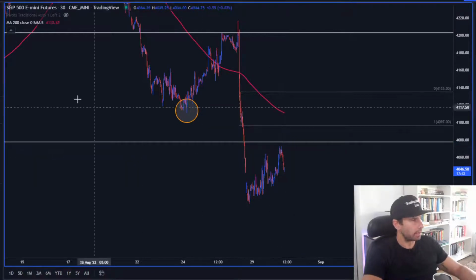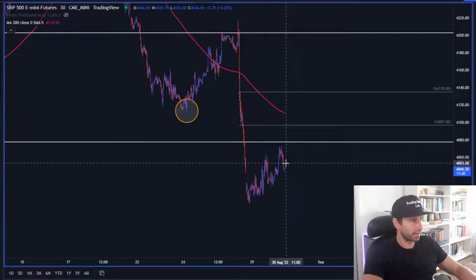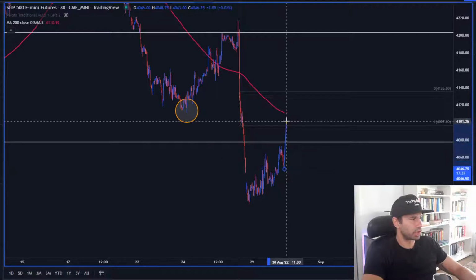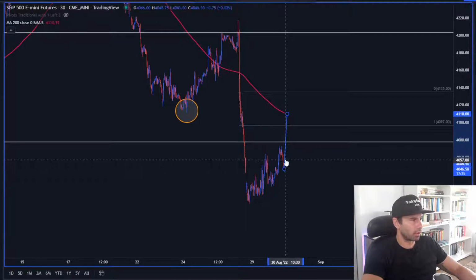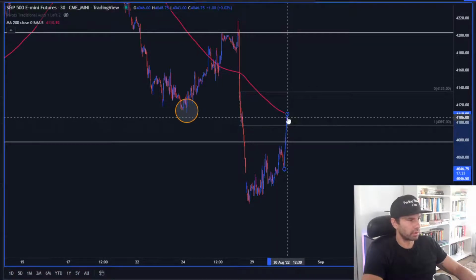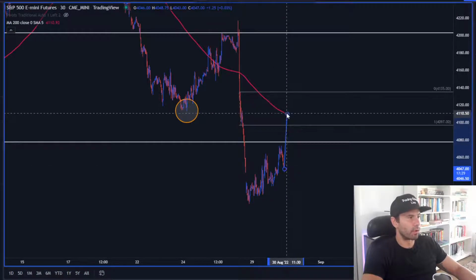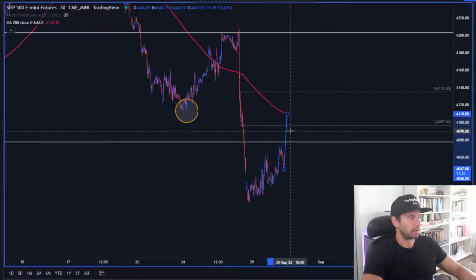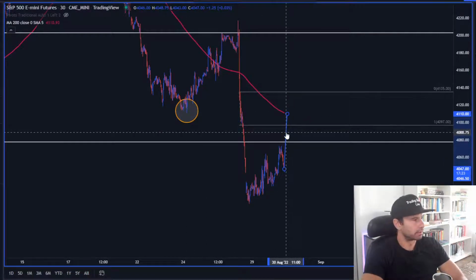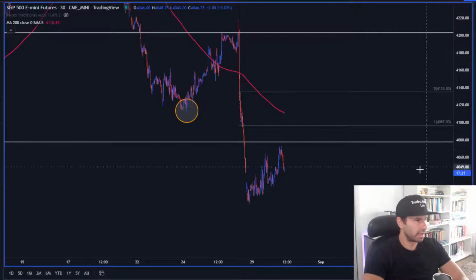So in theory, I would like a sharp move to the upside, meaning all these people are being squeezed. So there's no real buyer here. It was just a void or a vacuum, right, to the upside. That's ideal what I want. All right, so that's the ES.